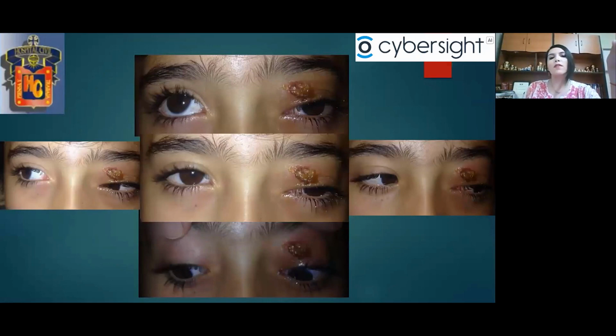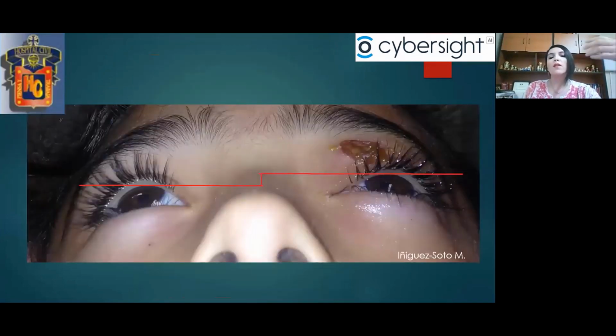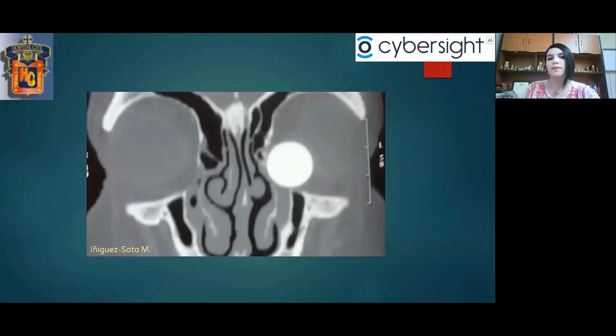Here are the photographs of the movement of the left eye. We can see a very important limitation for the up and down movement. And another time, we can see the worth position in a photograph. And yes, she has a little proptosis.